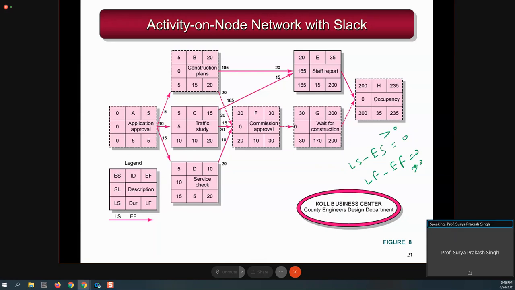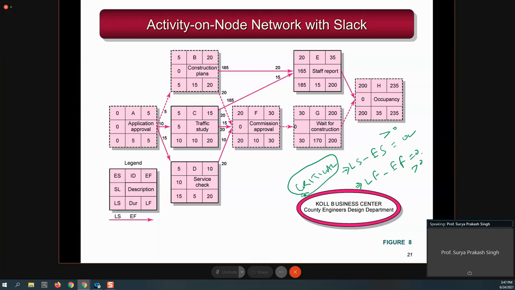Now see the activity where it is 0. If this is 0, this will also be 0. So you can see that either from the start side or the finish side, the moment you see it is 0, it means that activity is very, very critical. So any activity having the difference between late start and early start, or late finish and early finish, as 0, will be a critical activity.